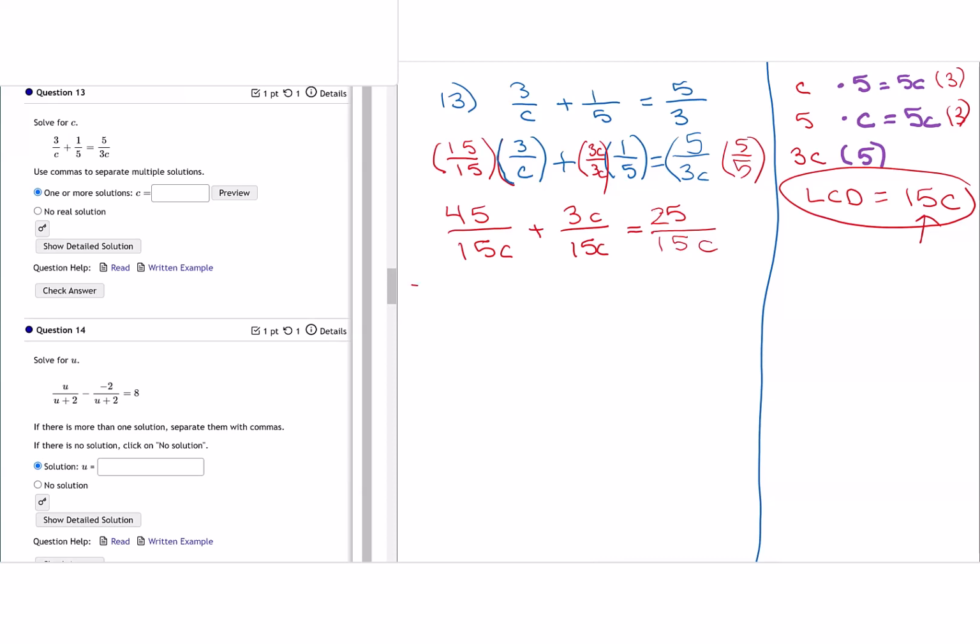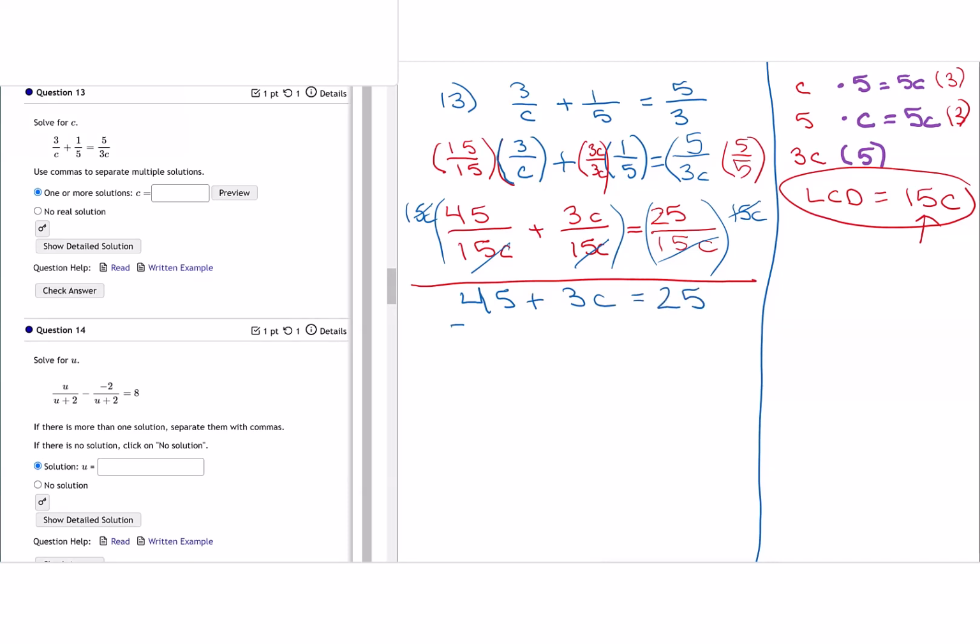They all have a common denominator, which means if I multiply both sides by 15c, this cancels with this and this cancels with this. What I have left is 45 plus 3c equals 25. And now I just solve.